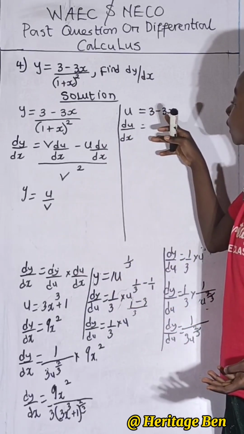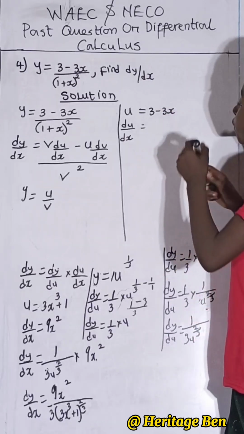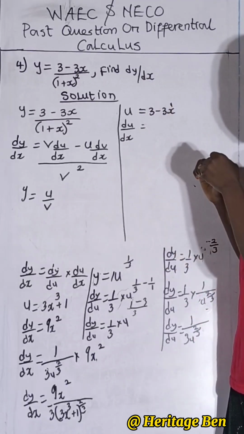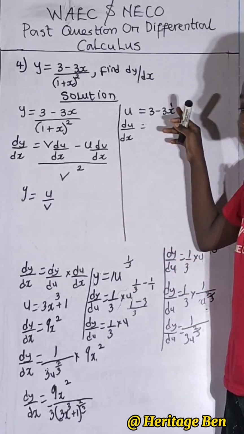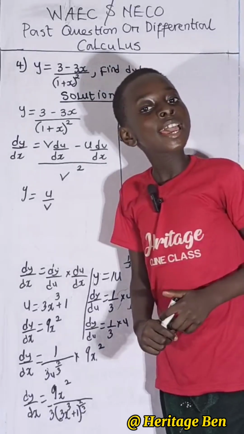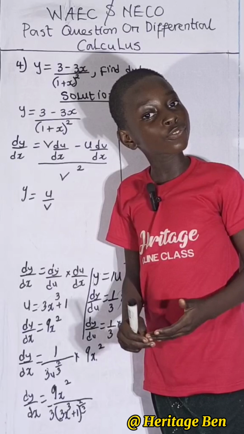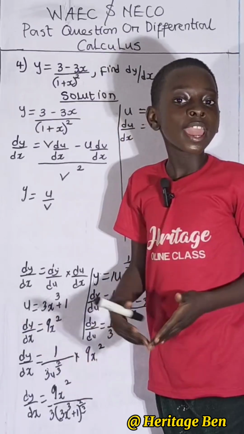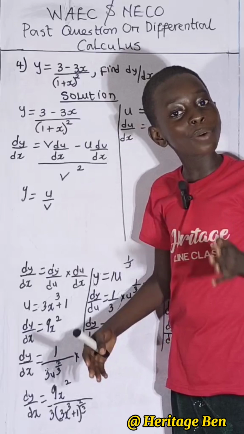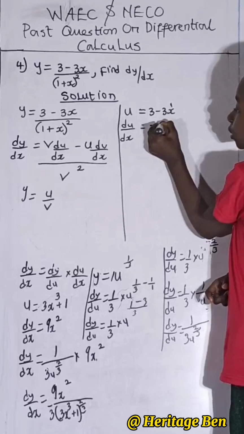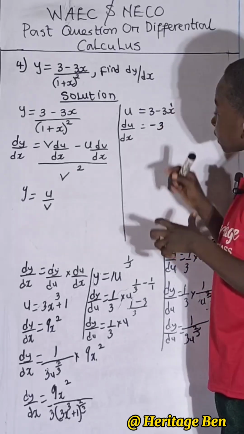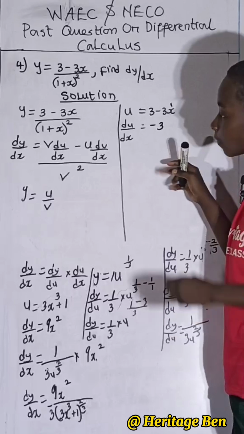Now minus 3x. There's an invisible 1 here. So 1 times minus 3 times x raised to the power 1 minus 1, to give us x raised to the power 0. x raised to the power 0 is 1. So minus 3 times 1 is minus 3. So du/dx is equal to minus 3.